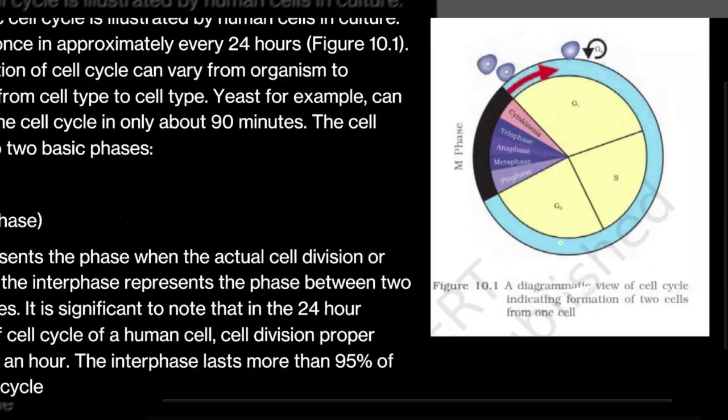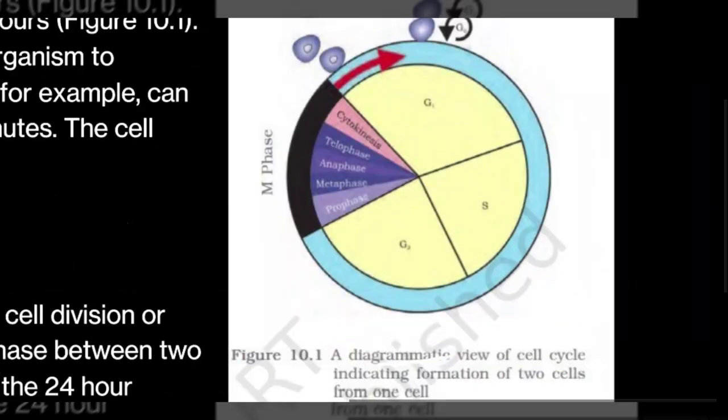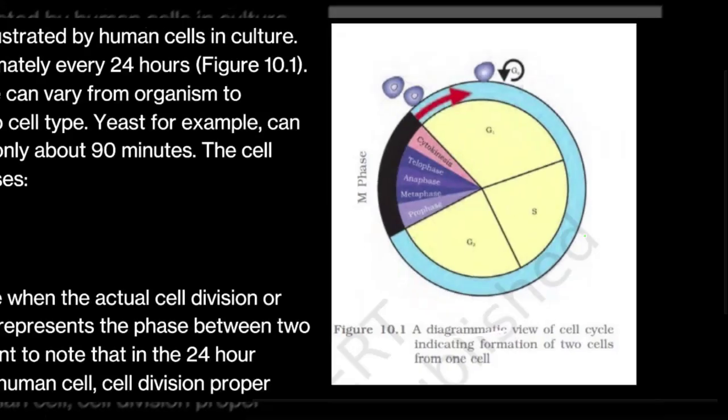Let us zoom in and see what a cell cycle looks like. This diagram is showing a cell cycle and it is indicating the formation of two cells from one cell. Here you can see one cell, and here is something called the G0 phase, which I will explain later.